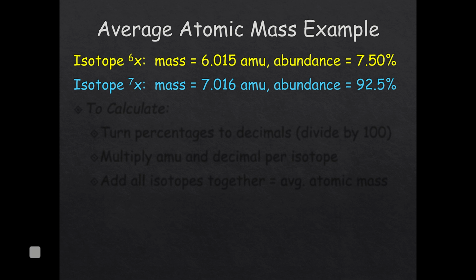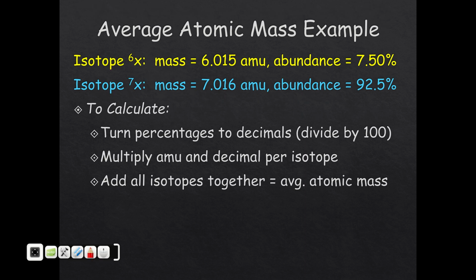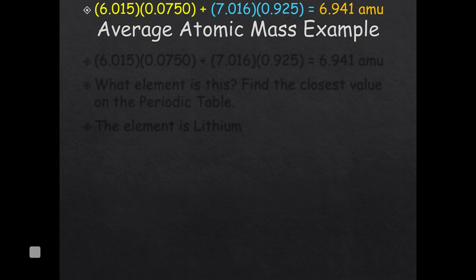Oh, sorry. All right, so you can see the steps coming in here. You're going to turn the percentages to decimals, divide each one by 100, and then you're going to multiply each mass times its decimal abundance, and then add them up. So let's see that happen.